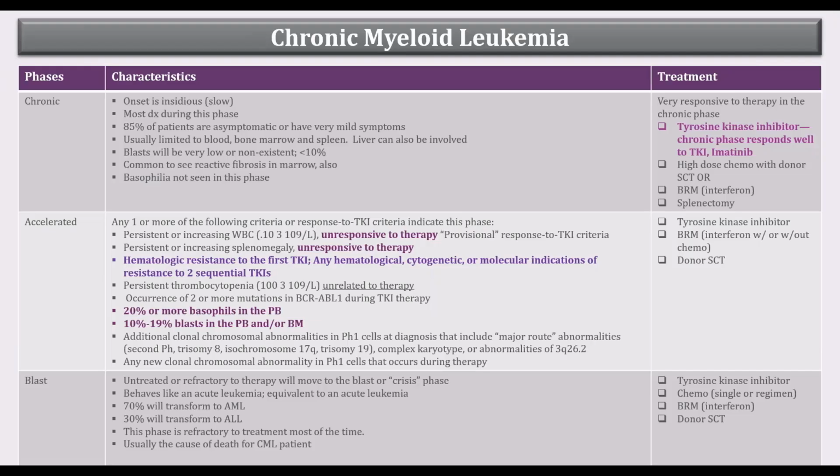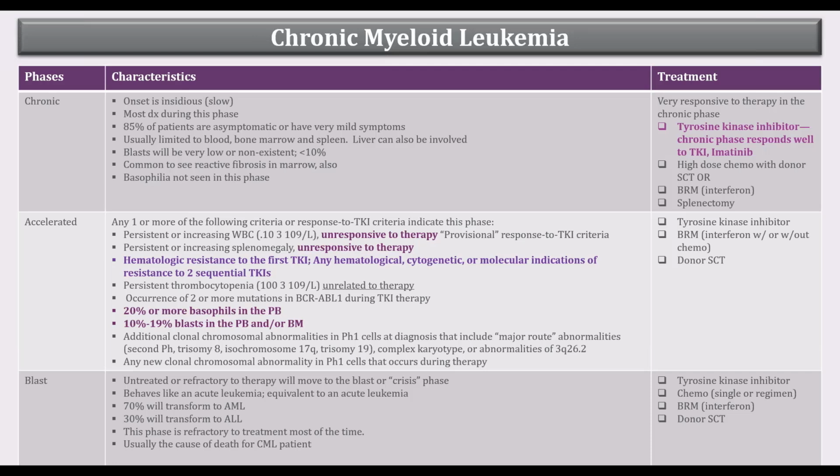So taking a look at the phases of CML. The chronic phase is an insidious onset, so it's slow. 85% of patients are asymptomatic or have very mild symptoms. Very few blasts would be seen, so less than 10%. Disease is usually limited to the blood, bone marrow, and spleen.